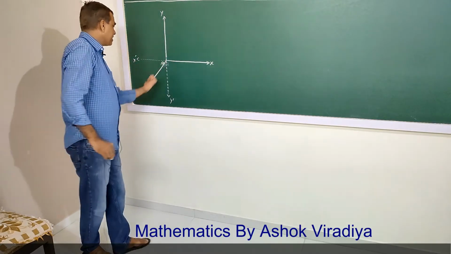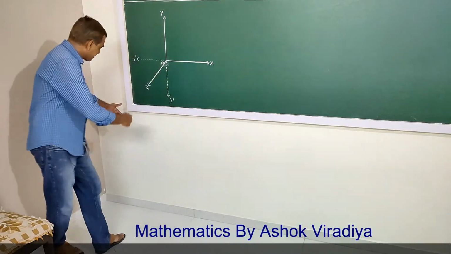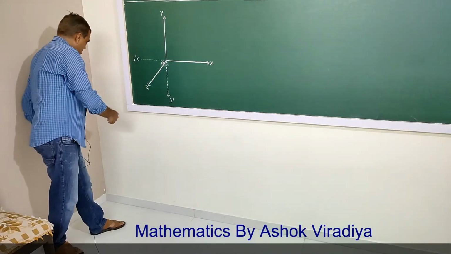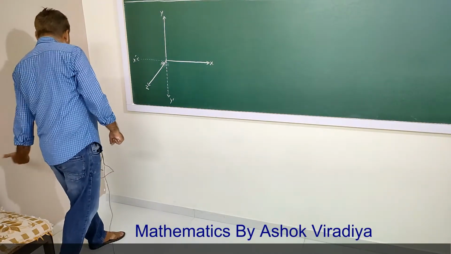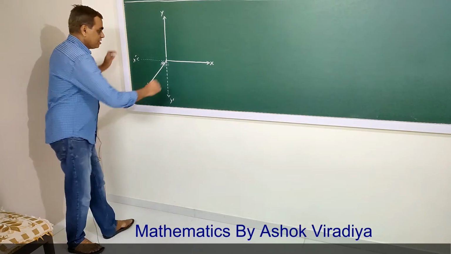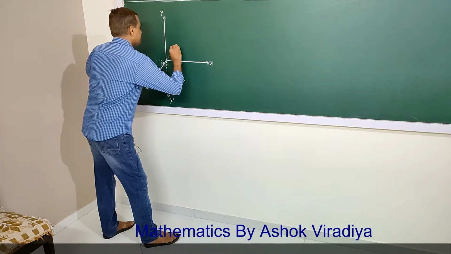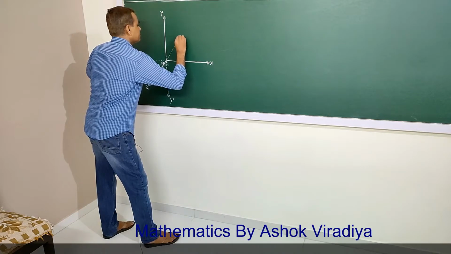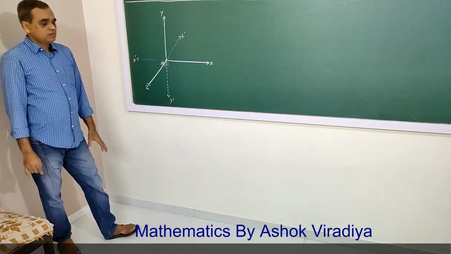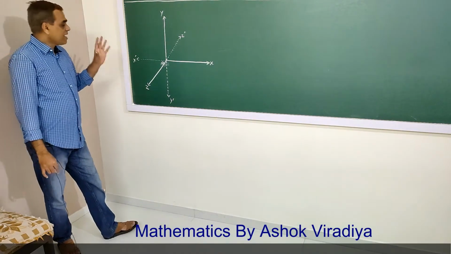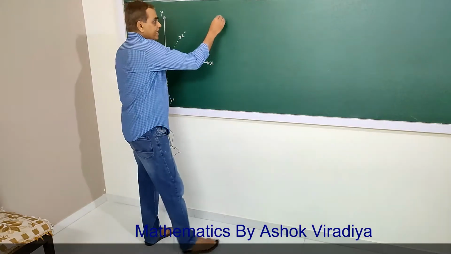This line we consider as positive direction of z-axis, and on the back side of this wall, the line opposite to OZ will be OZ dash. So this side will be the negative direction of z-axis.